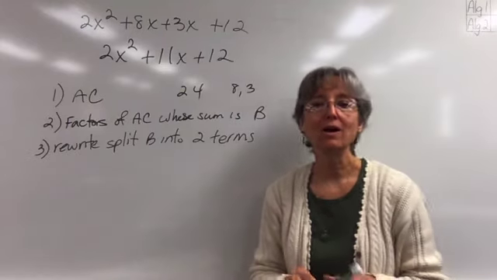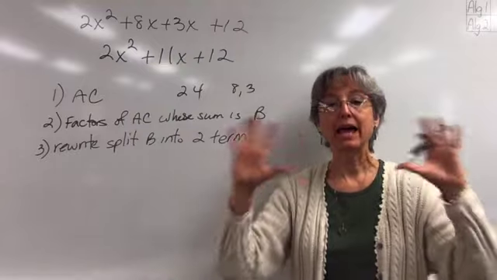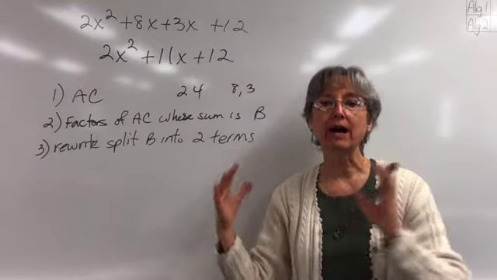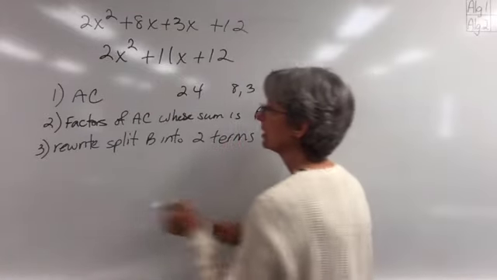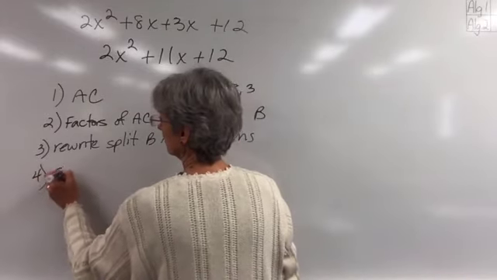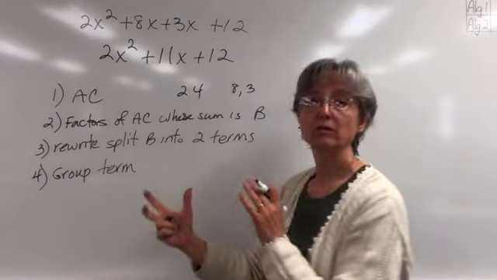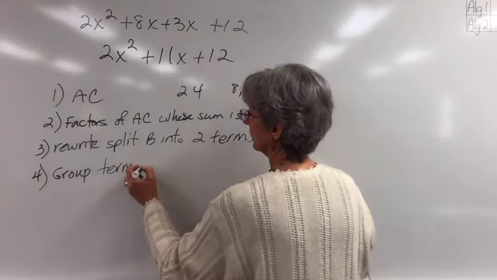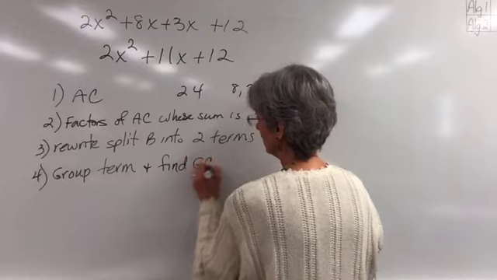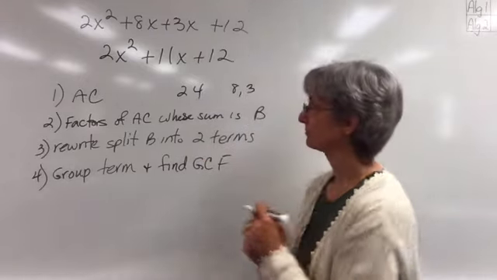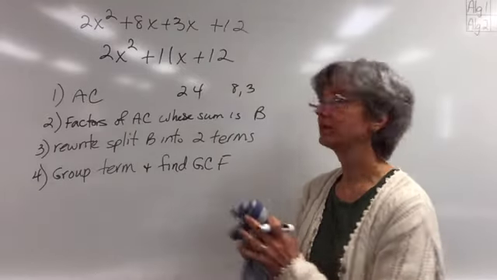Okay, so now I have split b into 2, and now I'm going to divide these 4 terms in half. I'm going to put them in 2 groups. So here's step 4. Group the terms and pull out the greatest common factor. Find your GCFs, your greatest common factors.